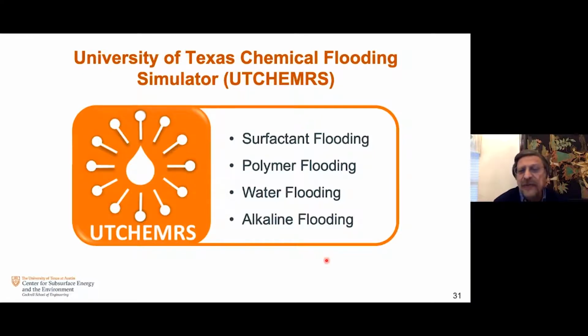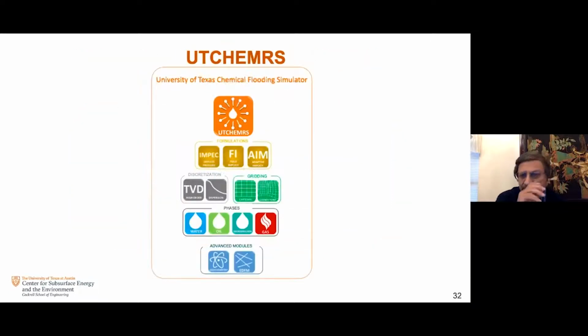They can handle water flooding, and of course ASP, alkaline surfactant polymer flooding. Specifically, UTChem RS has the capability of using implicit pressure, explicit concentration, using an entirely fully implicit method, and also using the adaptive implicit method.